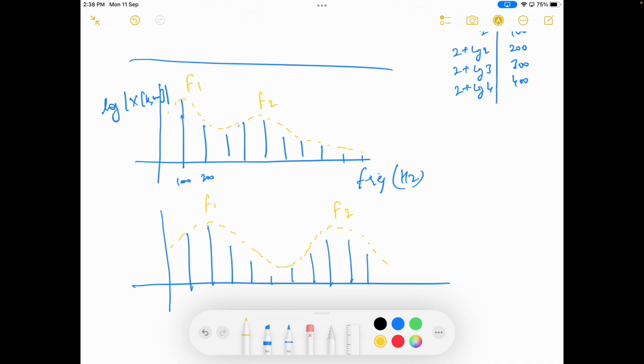Right, this is the A sound, E sound, A, E. These are the envelopes and these are the peaks in the envelope. F1 and F2 are quite far. Here, F1 and F2 are quite close. Here, F1 and F2 are quite far. So this is the difference.